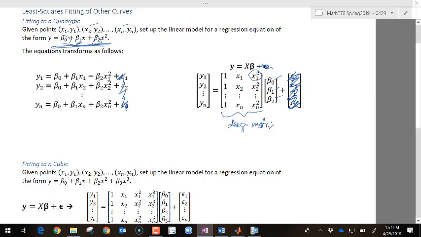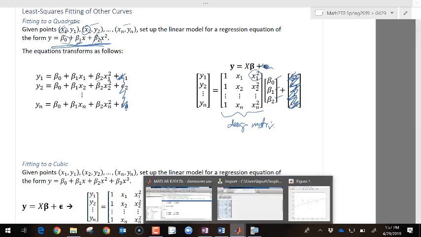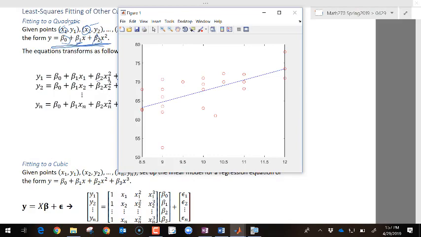So it depends on how many parameters you want to get. The x comes from the data points themselves. In our case, if we look at the foot size as the data set, and you ignore the line here and just look at the dots and say, hey, the dots look more quadratic than linear, then I would redesign my matrix.